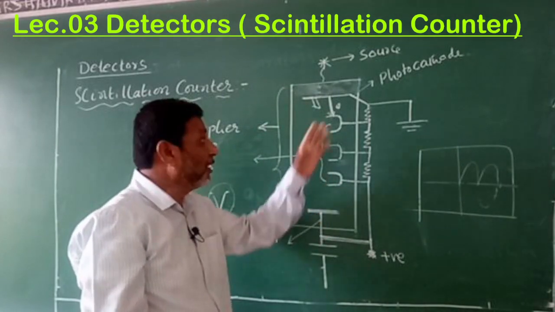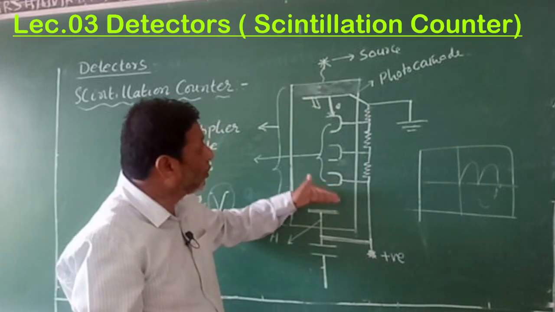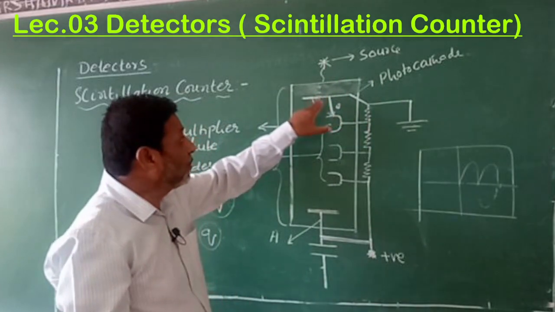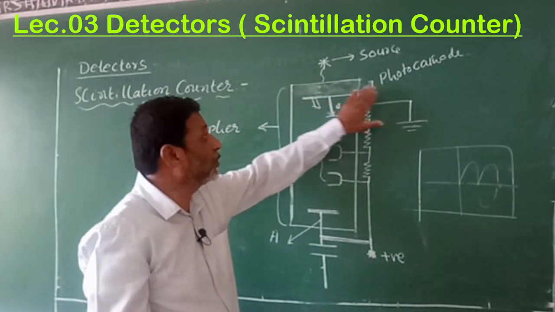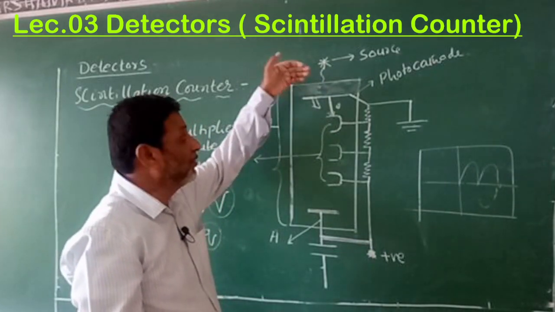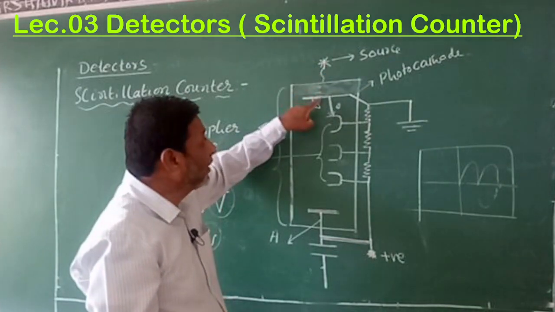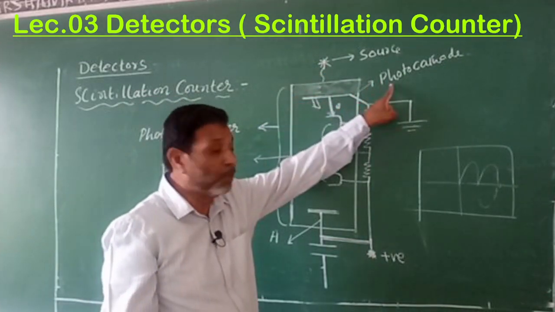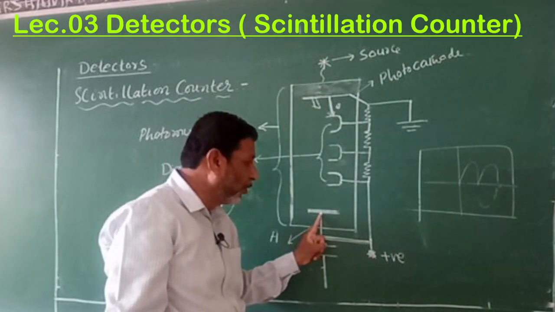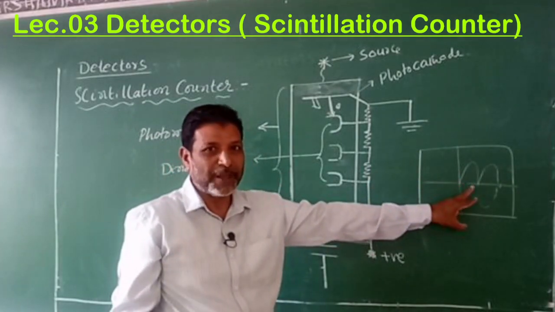Are you followed? The number of electrons reaching the anode is proportional to the number of electrons released from the photocathode. The number of electrons released from the photocathode depends upon the energy of the incident particle, isn't it? If the energy of the incident particle is more, then more electrons are emitted from the photocathode. As a result, more electrons reach the anode, hence the energy is more and pulse height is more.